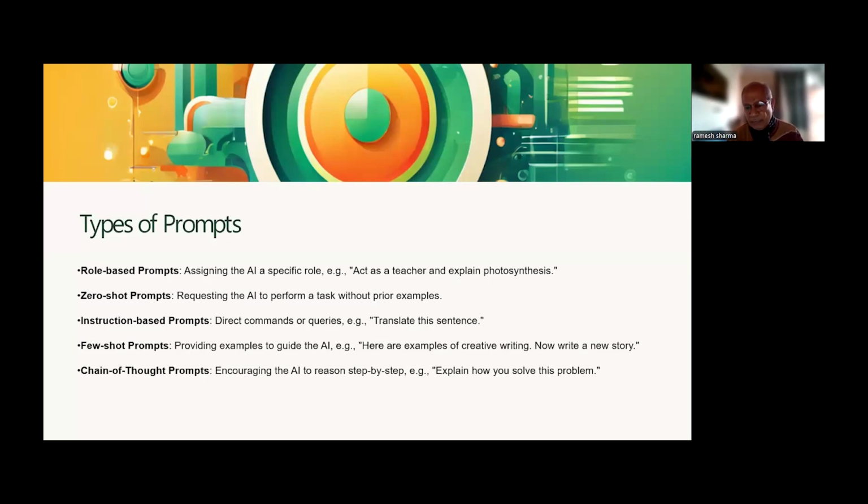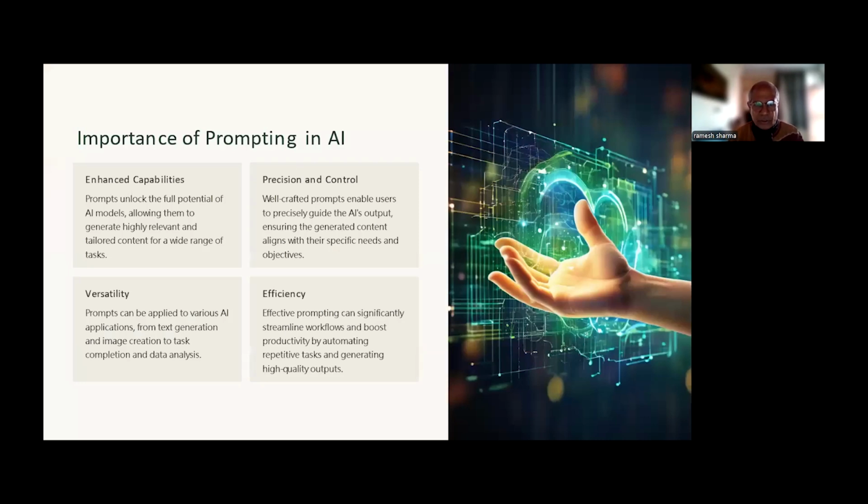Then it will give you step-by-step instructions for our output. So why are prompts important? Because they enhance the capability of the system. We can have control over the generated content, what kind of output we want, and it increases the efficiency of the workflow.